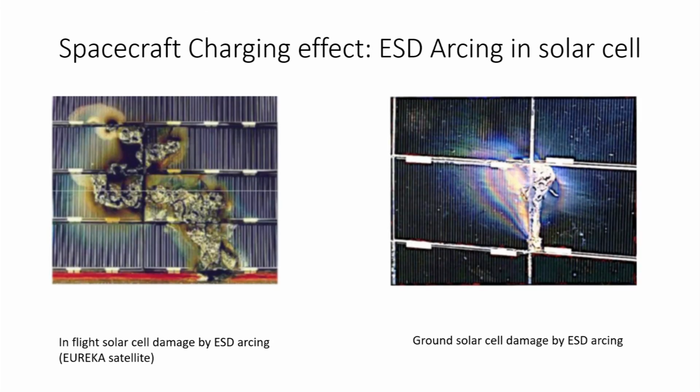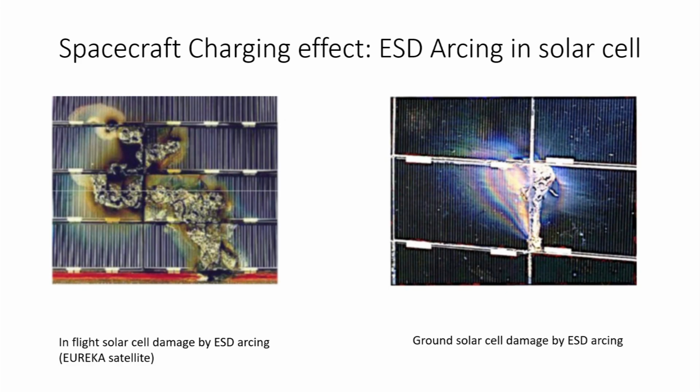These are some pictures to represent how ESD, that is electrostatic discharge, damages the power system, that is the solar cell. This is from the onboard camera, and it shows flight solar cell damage by ESD. The satellite is the Eureka satellite, an ESA satellite.